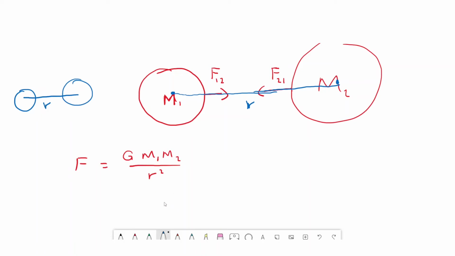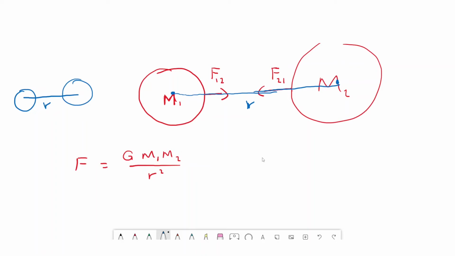That is what r is, the distance between the two objects. It's normally taken from center to center, unless your object is very small, and then you can just take it as a point. But if you have very big objects, you have to take it from center to center.